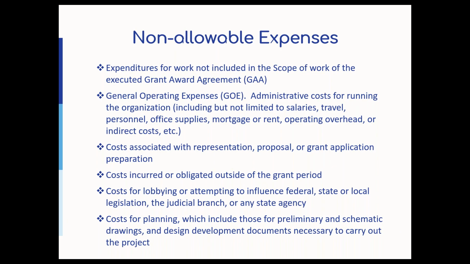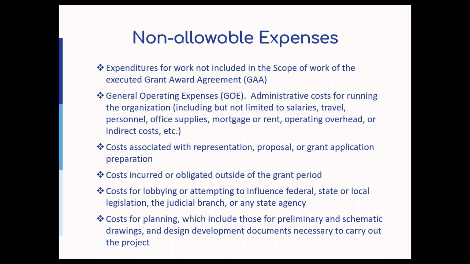So be aware of non-allowable expenses. This list is in the grant award agreement. It's in the guideline. I'm just going to go over it really briefly. If it's not included in your scope of work, it can't be in your budget. This grant does not cover general operating expenses. It's strictly for the bricks and mortar construction part of your grant.